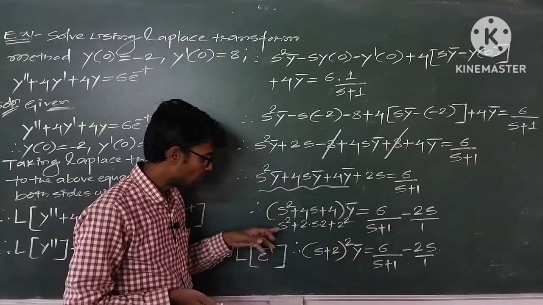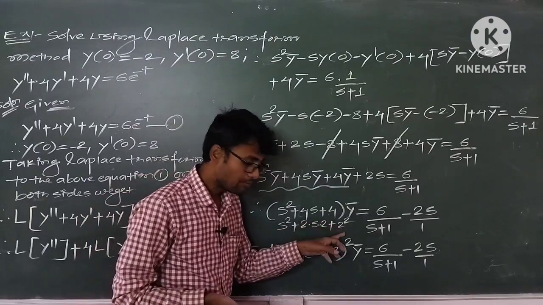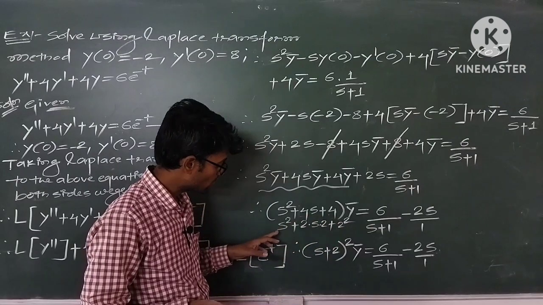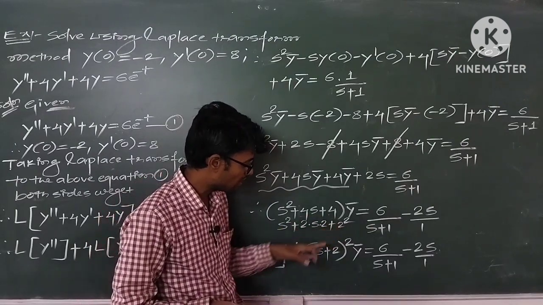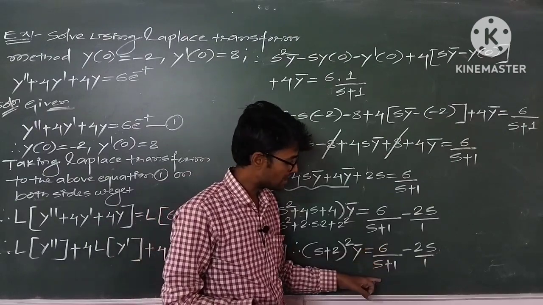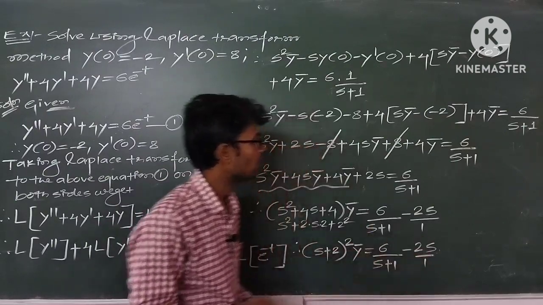So s square plus 2s into 2 plus 2 square is s plus 2 whole square. Y bar is equal to 6 divided by s plus 1 minus 2s divided by 1.